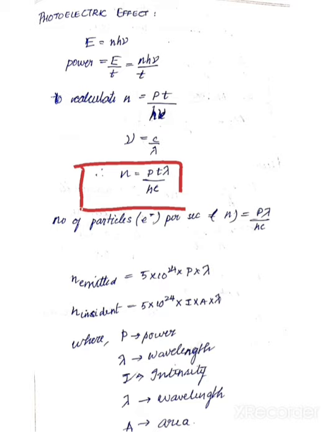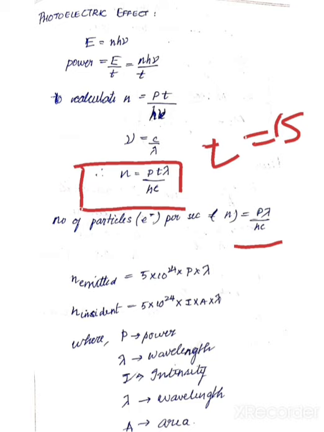Now the number of electrons emitted per second means the time t is equal to 1 second, correct? So substituting t as 1 second, we get n is equal to P lambda divided by hc.